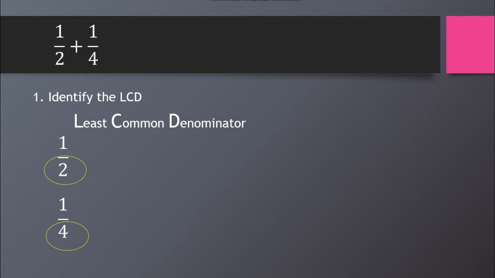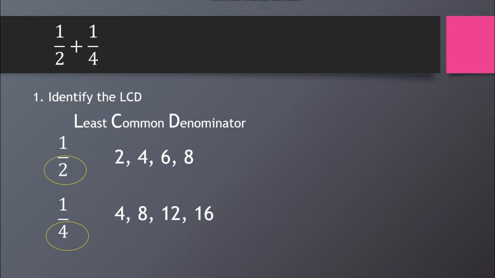Perfect. Okay, now list the skip counting of 2. Okay, and then list the skip counting by 4. Okay, now let's observe the numbers.